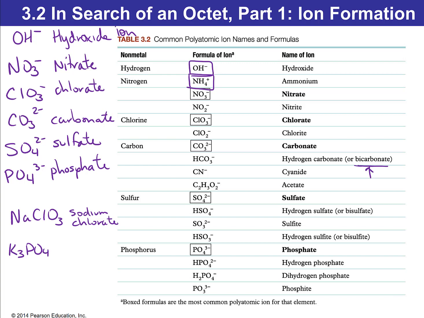So K3PO4. Whole name of the metal, and then just the name of the polyatomic. So potassium phosphate.